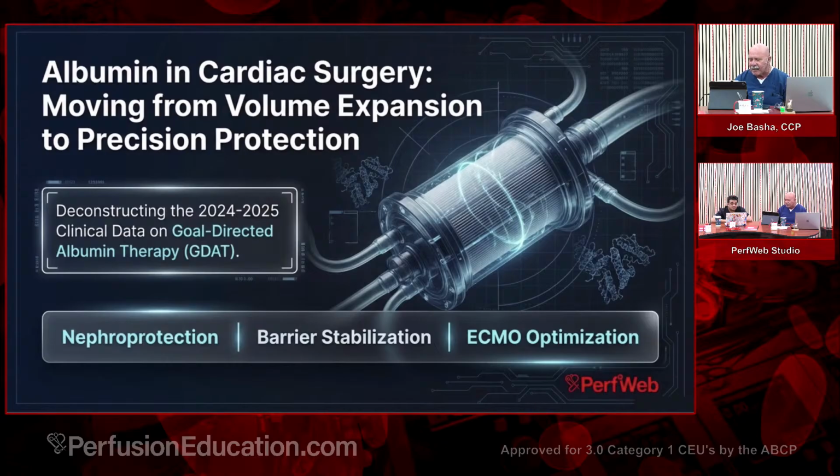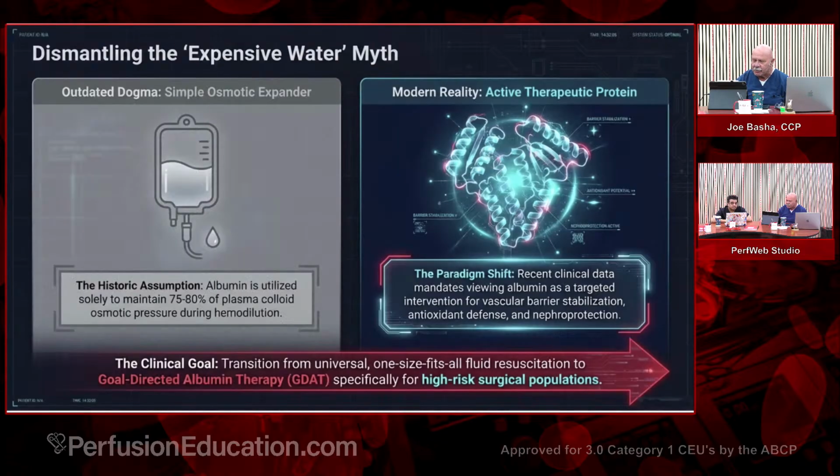Anyway, with that said, I think that albumin is beneficial for a whole variety of reasons, which I will articulate here. Dismantling the expensive water myth: that albumin is nothing more than expensive water. The historic assumption is that albumin is utilized solely to maintain 75 to 85% of plasma colloid pressure.